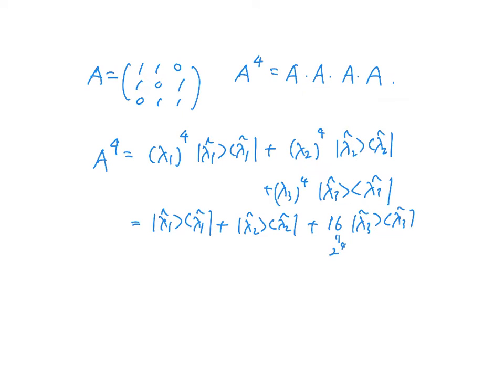Remember the vectors: 1 over 6 times (1, minus 2, 1), 1 over 2 times (1, 0, minus 1), plus 16 over 3 times (1, 1, 1).